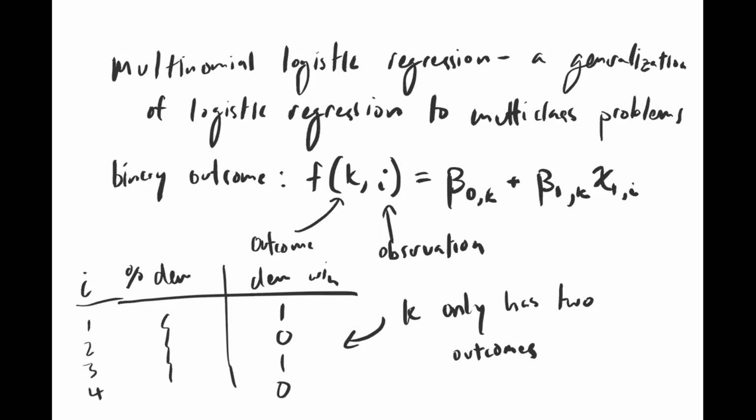We want to think about that analogously in a multinomial logistic regression, which a lot of people call MNL. So we'll do a similar approach here.